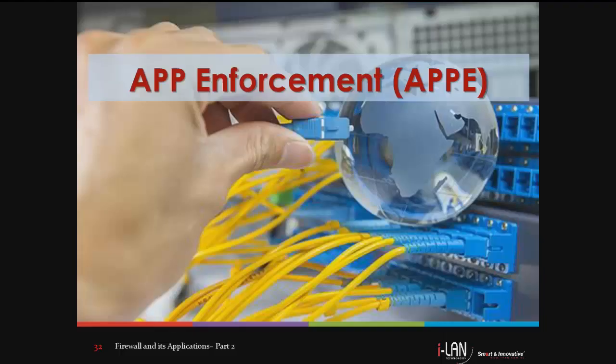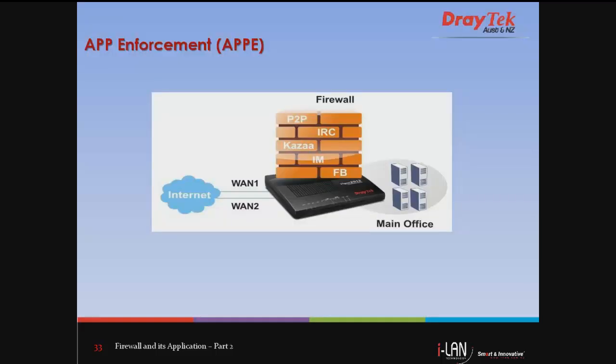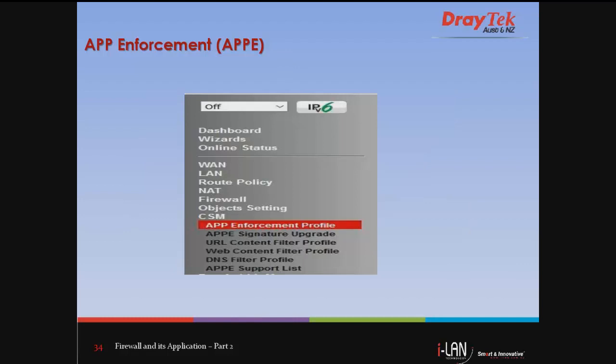The next topic is app enforcement. App enforcement helps us to block applications like instant messaging, P2P, protocols, and others on the LAN or WAN networks. App enforcement profile is under Content Security Management or CSM.